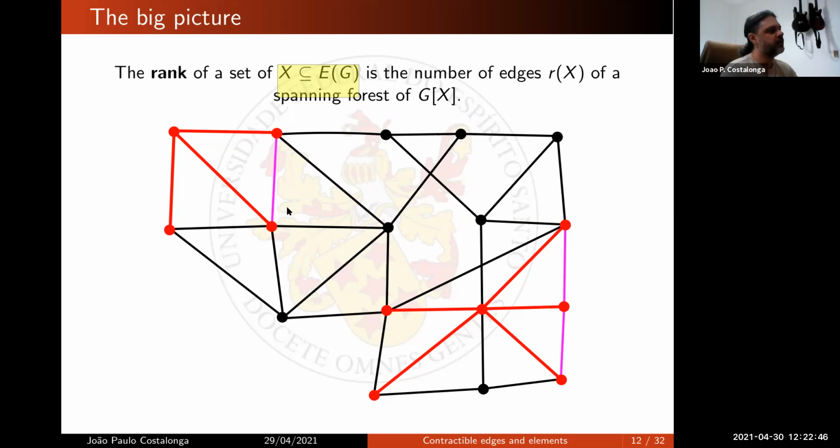For instance, here we think of the set of non-black edges. A spanning forest for these is this one with the red edges. So the set of the non-black edges has rank 1, 2, 3, 5, 6, 7, 8, 9. So this is how we measure the rank.